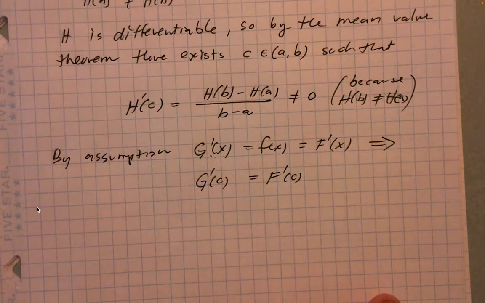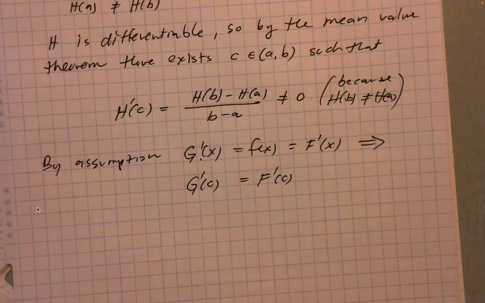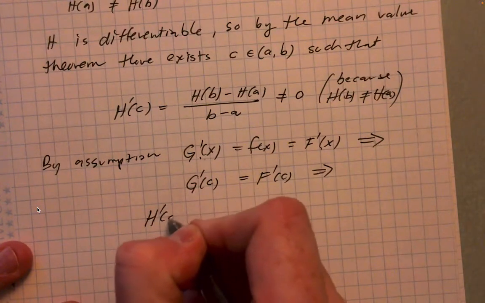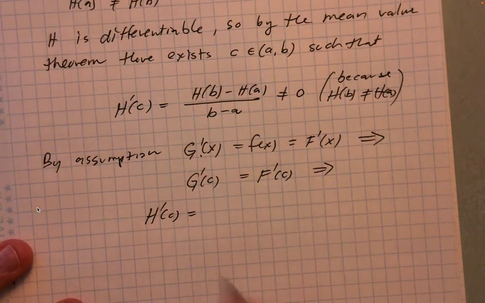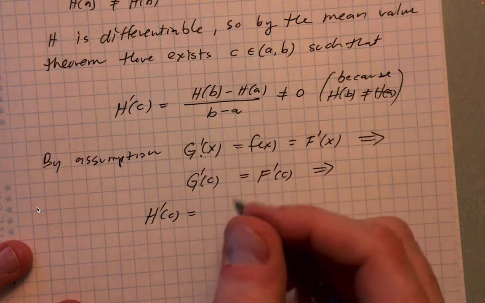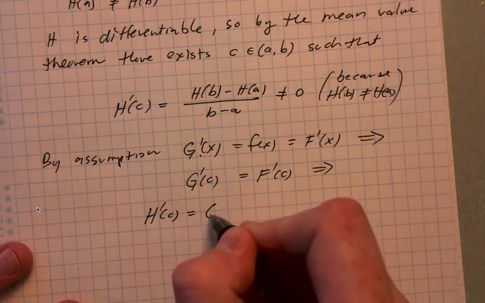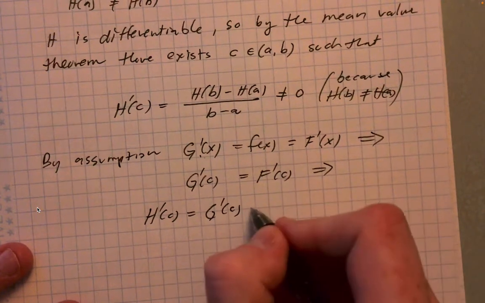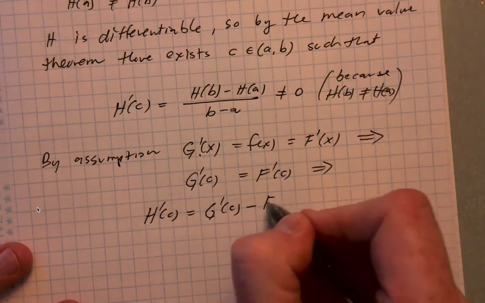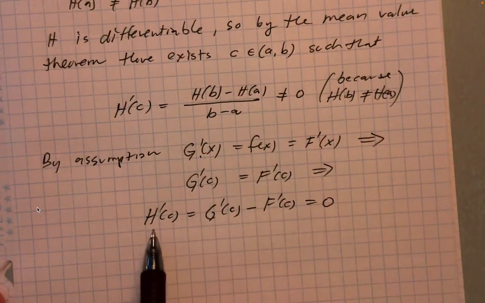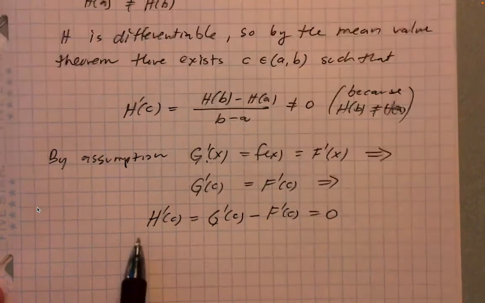Okay, and so what does that tell us? Well, that tells us that h prime of c equals g prime of c minus big F prime of c, which is equal to 0. Right, they're equal, right? So h was defined, remember, as the difference of these two, right?